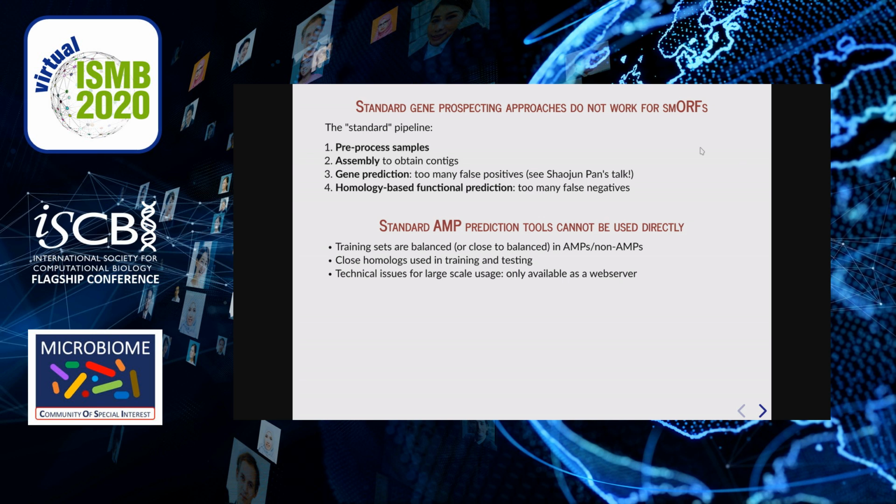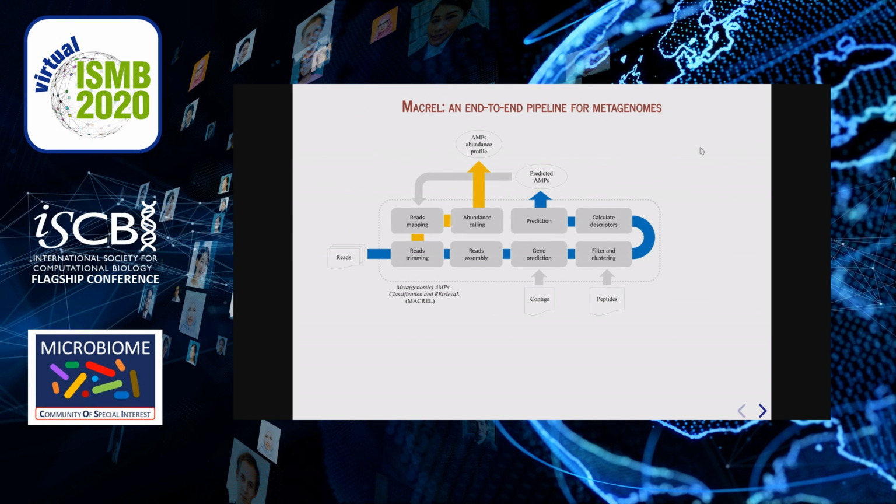So what we've done is build Macrel, which follows what I was calling the standard pipeline. We take reads, we assemble them, we predict genes, and then we calculate some features and run them through a classifier. But we've trained and designed this classifier so that it's fairly conservative.